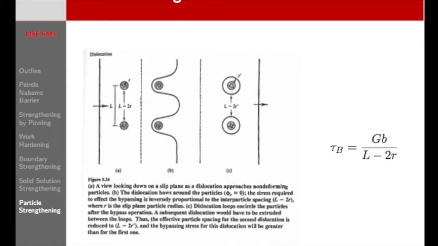But then these two, once we bow out far enough, are attracted to each other and will annihilate because they're of exactly opposite sense. And that will allow this dislocation to pass through, and it will leave behind two loops around the particles. All right?